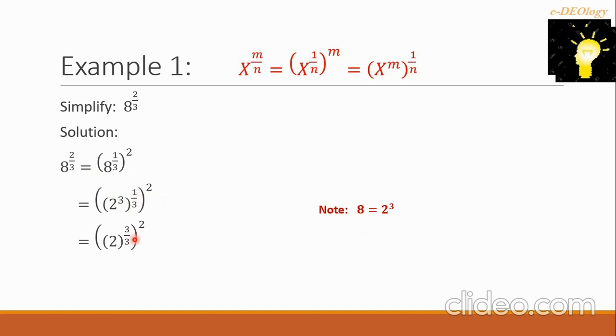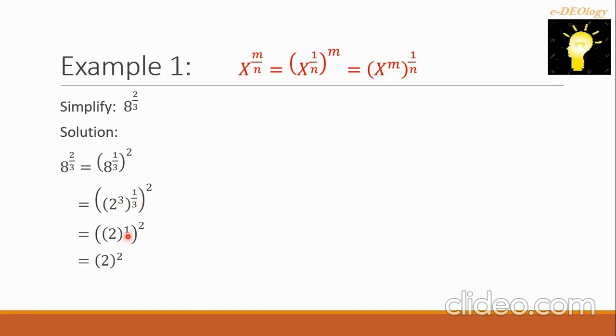We will get this 3 over 3. And then we will simplify the 3 over 3 into 1. So any number with exponent 1, we can simply delete that exponent 1. So in here we have the 2 squared. Then we can now simplify into 4. So it means that 8 raised to 2/3 is equal to 4.